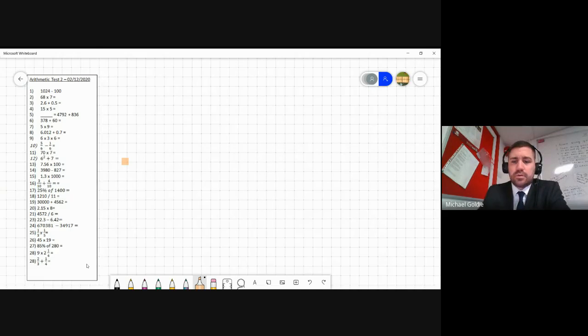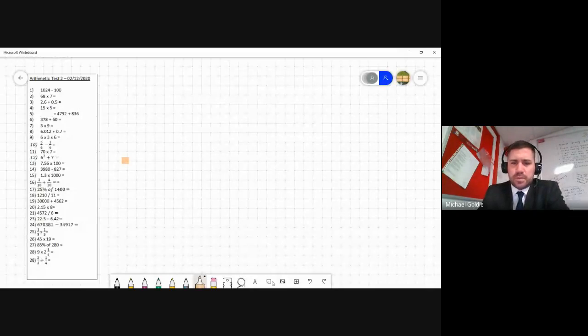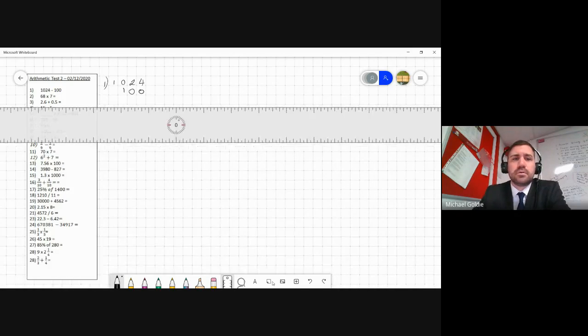Number 1, we have 1024 take away 100. So to work that one out, dead simple, get it in a column. This is called the column method. 1024 take away 100.